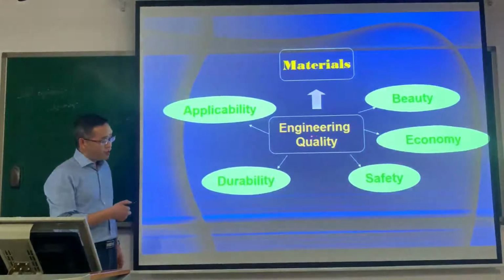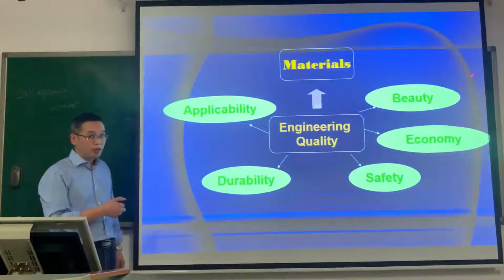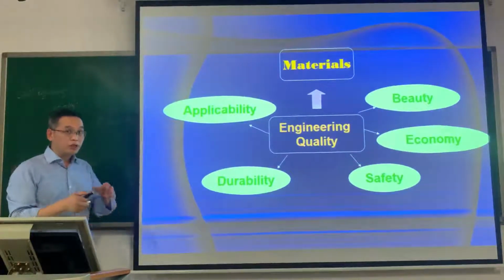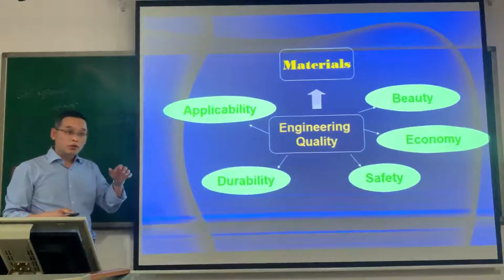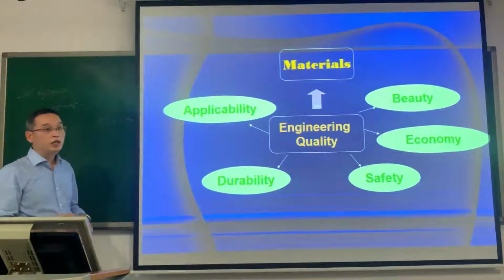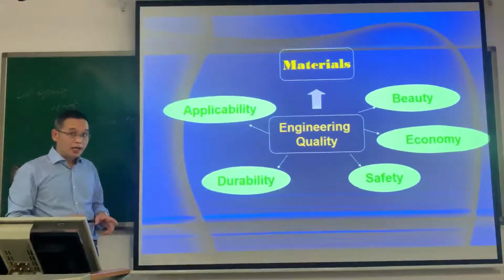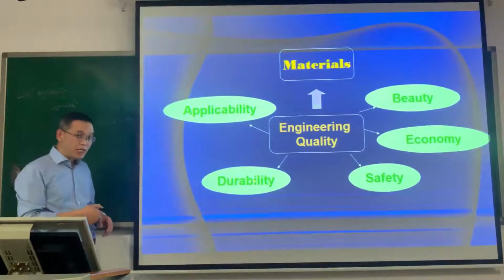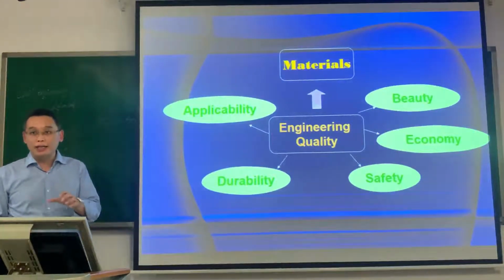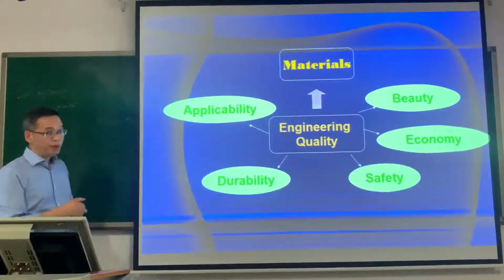About the engineering quality of the materials. The first one is about the beauty, and the economy. We need to control the cost of the materials and the engineering structures. And then the safety, and durability. Durability is related to the lifespan of the materials of structure, and flexibility.